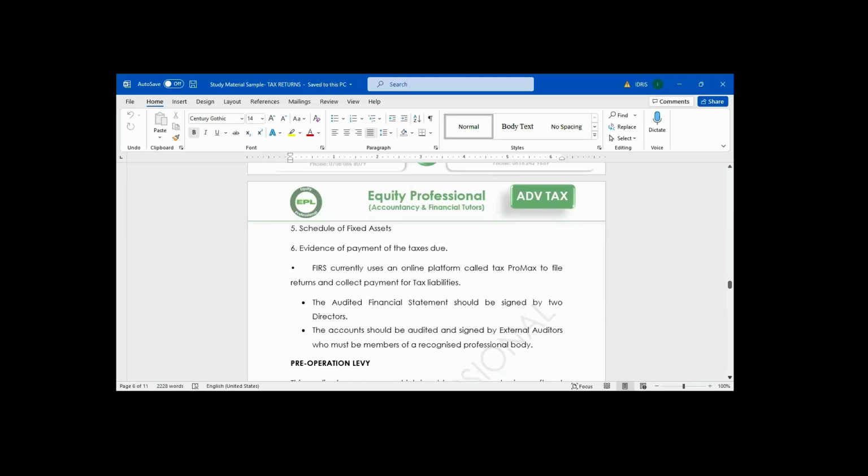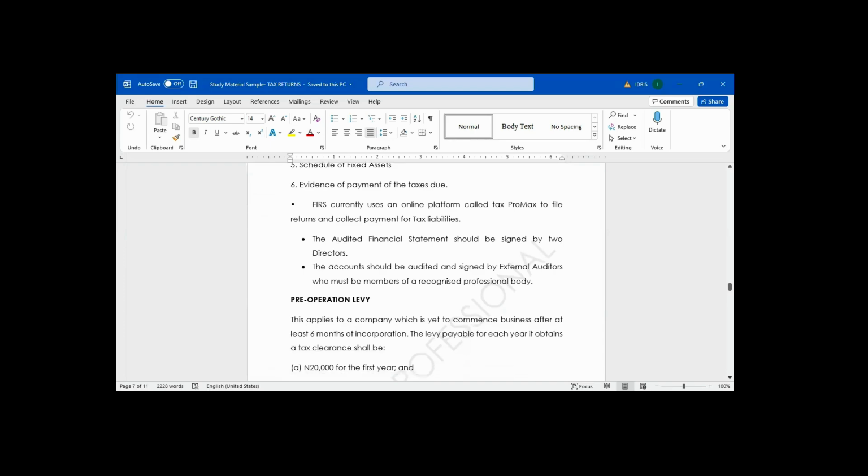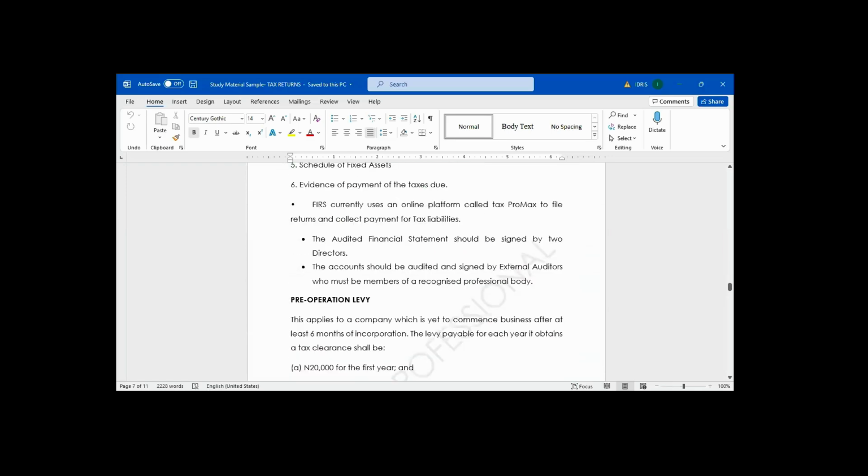Once you input your income, your expenses and your assets, it will compute your capital allowance automatically. It will compute your tax due. And this tax due must be signed by your external auditors. These are the contents of the company income tax return.